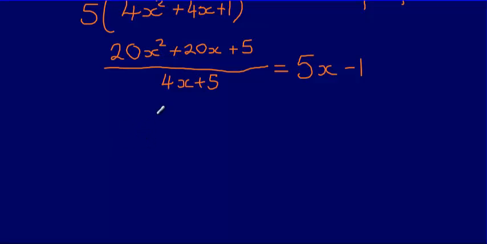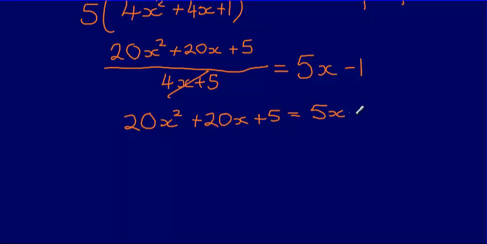The next thing that I'm going to do is get rid of the divide by 4x + 5, by multiplying by 4x + 5. That gives me 20x² + 20x + 5, which is equal to (5x − 1) multiplied by (4x + 5).